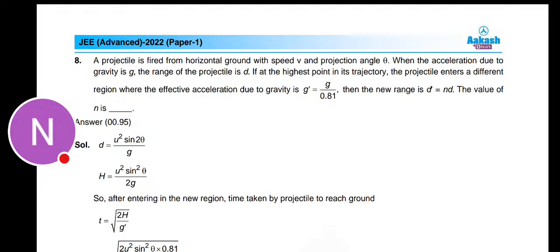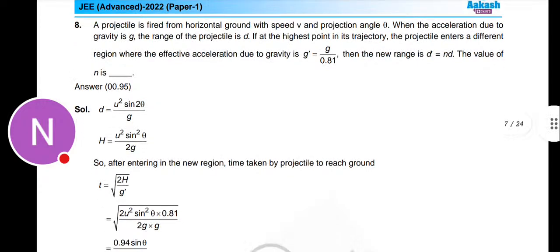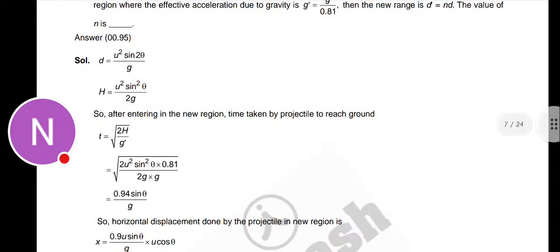When the acceleration due to gravity is g, the range of the projectile is d. If at the highest point in its trajectory, the projectile enters a different region where the effective acceleration due to gravity is g prime equal to g by 0.81, the new range is d prime equal to n d. We have to find the value of n.